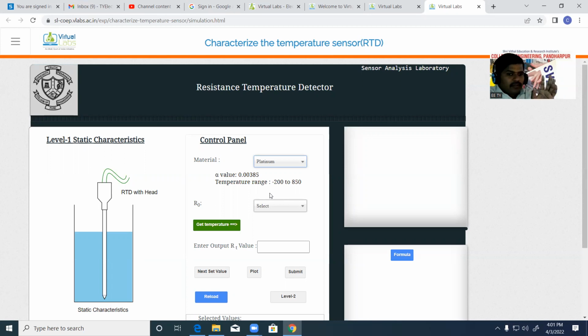All of you note down. We are considering platinum material. The value of alpha for platinum is equal to 0.00385, and the temperature range is between 200 degrees Celsius and 850 degrees Celsius. What about above 850 degrees Celsius?